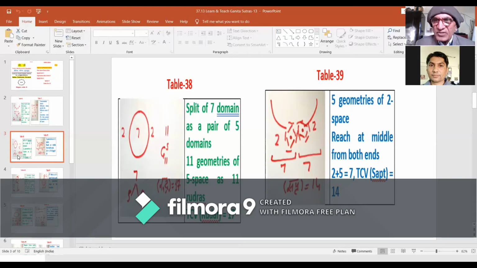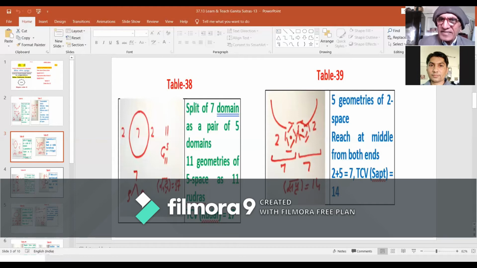A shift from this set of features to the features depicted in table 39 takes us to the feature that value 2 as 2 space is of 5 geometries range, and 272 that way will take us to a value 2 and 5 geometries range as 5 space origin within creator space.